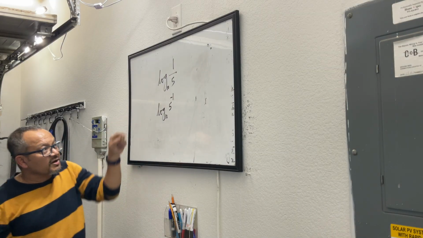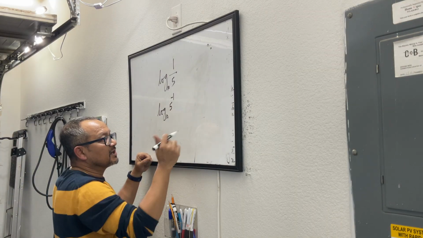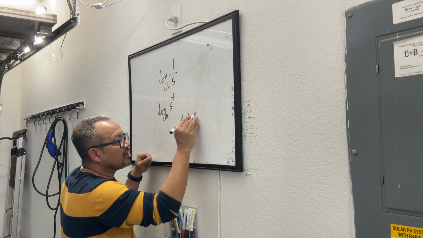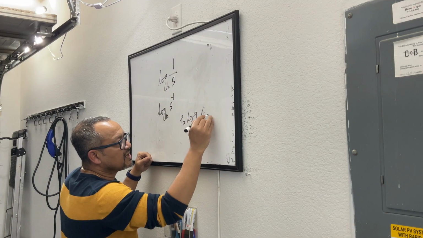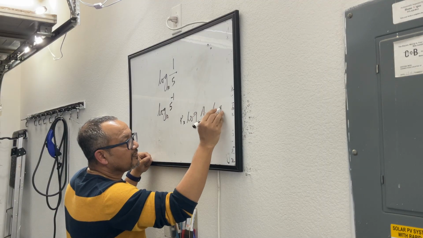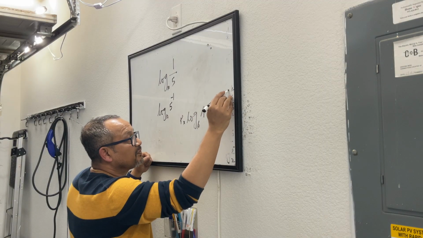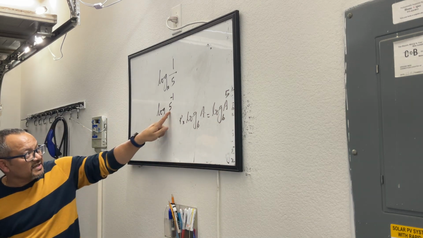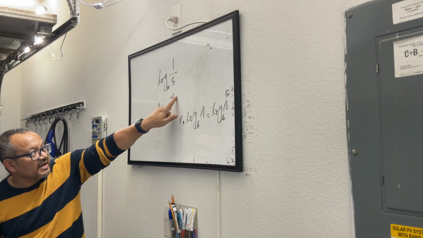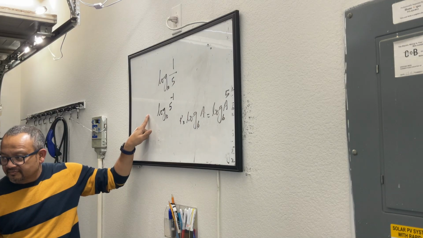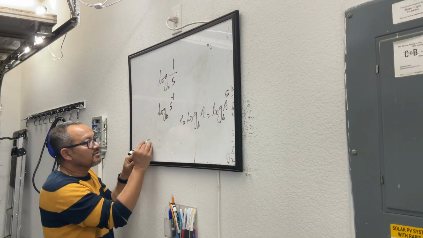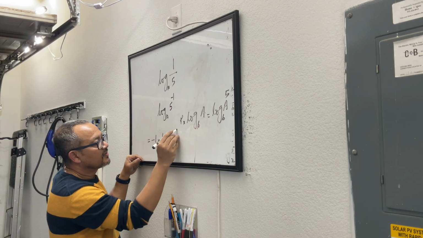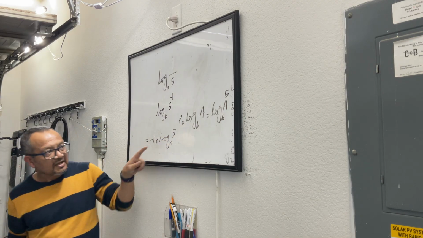Now when I see a power here, we know one concept, that is P times log of A base B equals log of A to the power P base B. So as soon as I see a power here, this guy can come to this side. It can become minus 1 into log of 5 base 10 as per this rule.